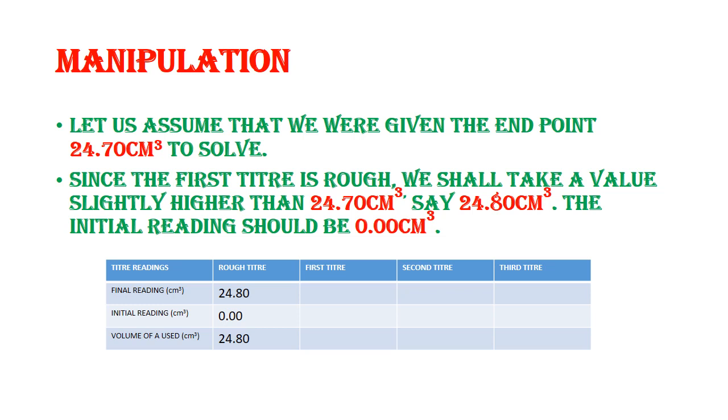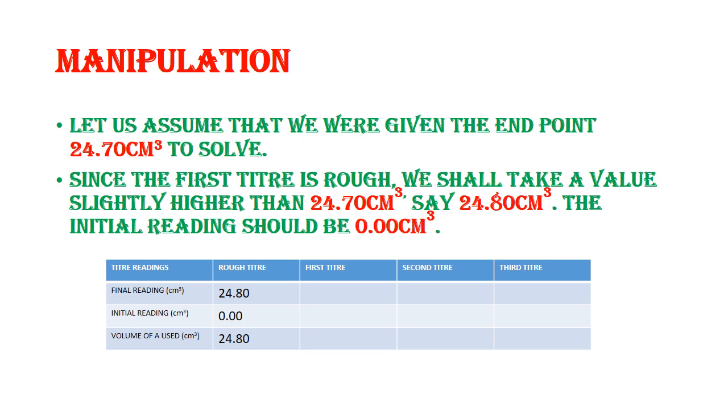So this is your table, your rough titer. Before you put anything, the first thing you are going to put is the volume of A used, because that is what you are trying to arrive at. So the volume of A used, as I said, was 24.80 cm³. So you fill it first.